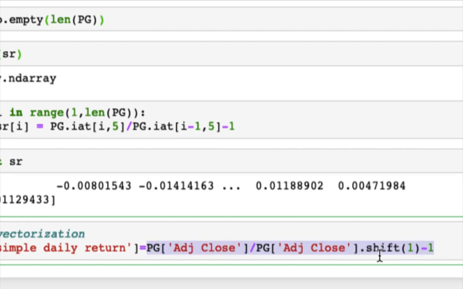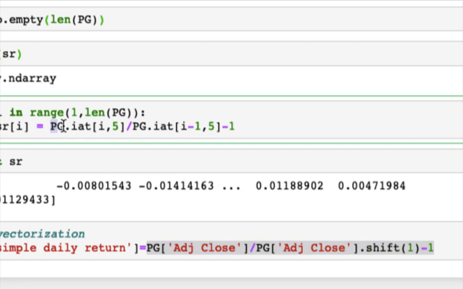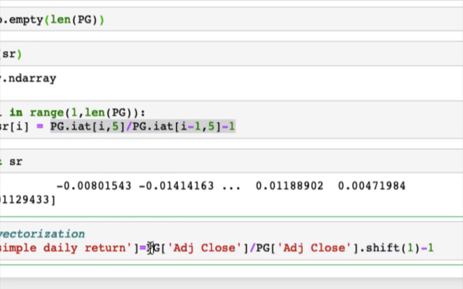So I do an operation which should be done element by element, with a single instruction. Usually this is much more efficient than doing it element by element. Sometimes element by element is necessary because you have to do peculiar operations for some elements. But if you can, using vectorization is much more efficient and also much shorter to write. You don't need a for loop.